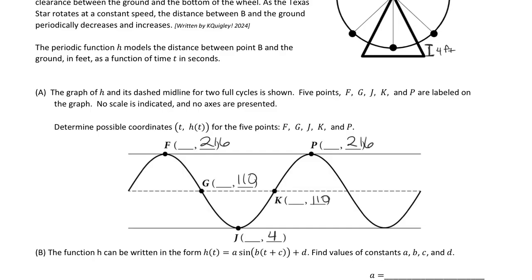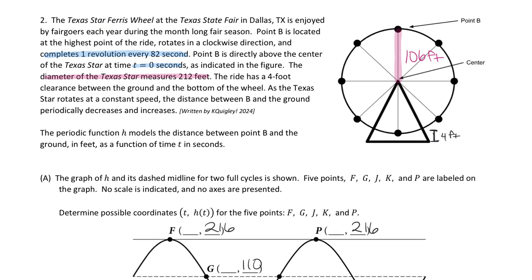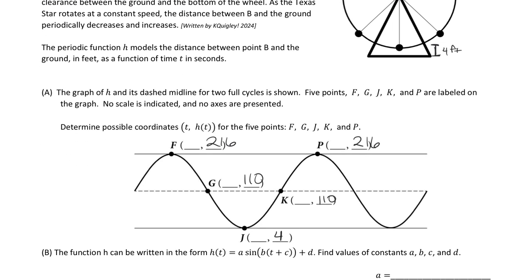Yay. Now let's do the period. It says point B is directly above the center of the Texas Star at time 0 seconds. So where should I put 0 on here? F, because it should be up high, right? Time 0 is right here. Okay, cool.